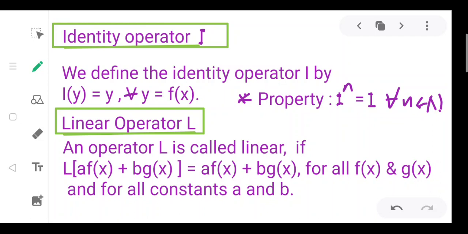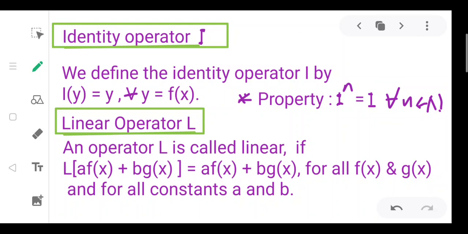So what is I square? As in the previous case, D square of y means D of Dy. So I square means what? I of I of y, that is y itself. So in general, I raised to n, if you take any positive integral power of I, it is equal to I itself.